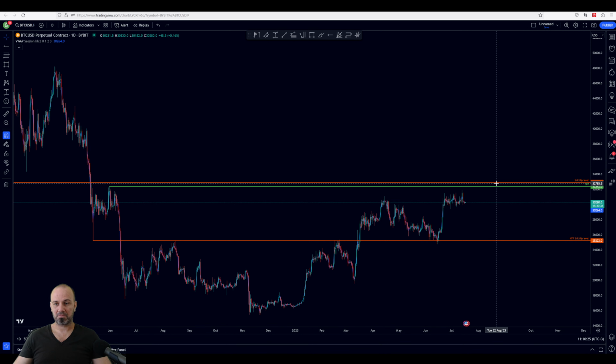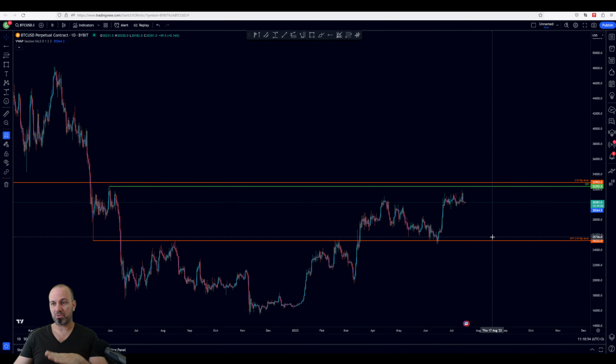This one should be resistance, but if breached, claimed, back tested, flipped from resistance to support, more upside is possible. That's not happening yet. We will get back to the low time frame, and we need to see what's going on there. But these are the levels that the bulls need to claim, and the bears need to break this range and push possibly to this level, right?